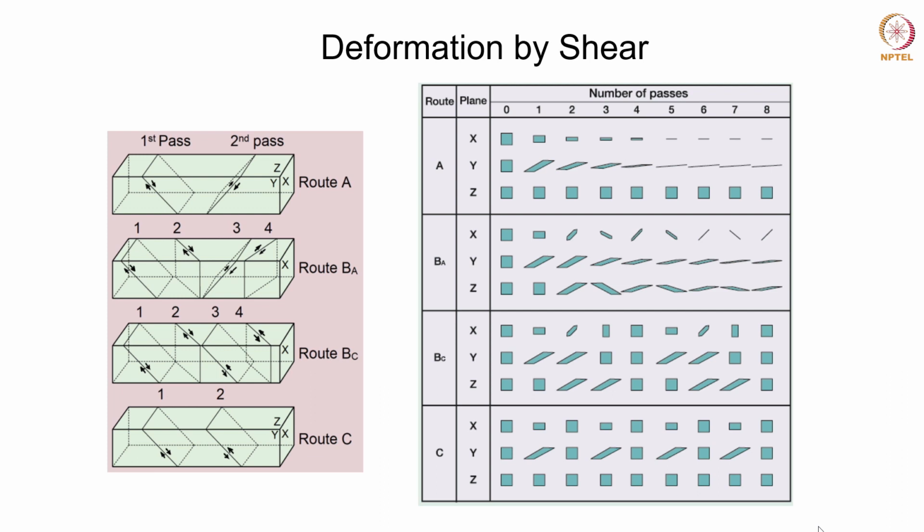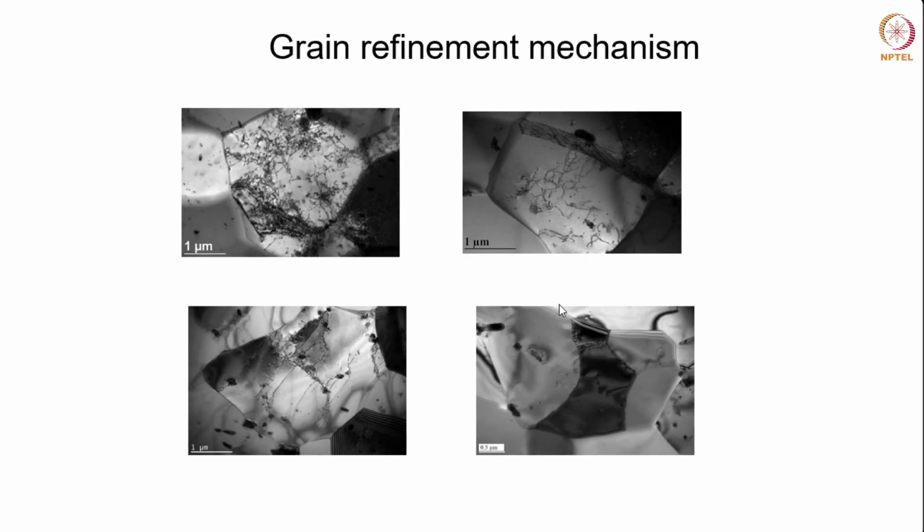Now let us try to understand how this severe plastic deformation leads to grain refinement in terms of those dislocation mechanisms. If you remember, I said for a severe plastic deformation process, dynamic recrystallization is going to play a very crucial role.